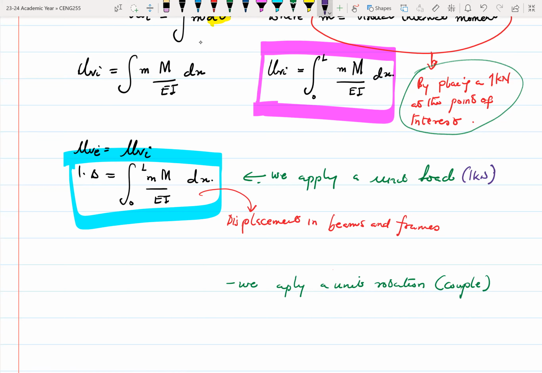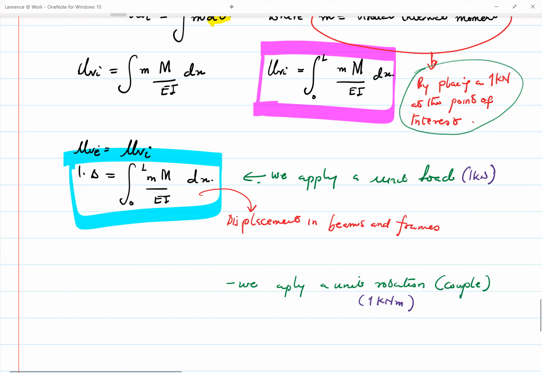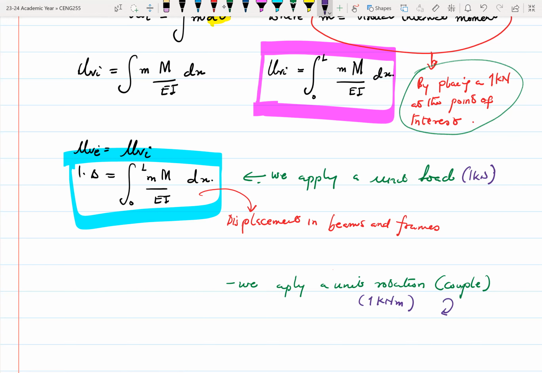For a unit rotation, it becomes 1 kilonewton meter. We apply them at the points of interest to us. And mostly when applying the couple, we usually choose a clockwise direction by convention. It makes the analysis less tedious.